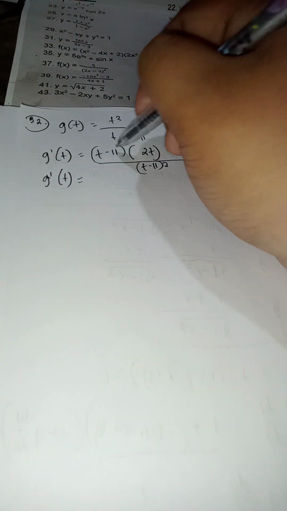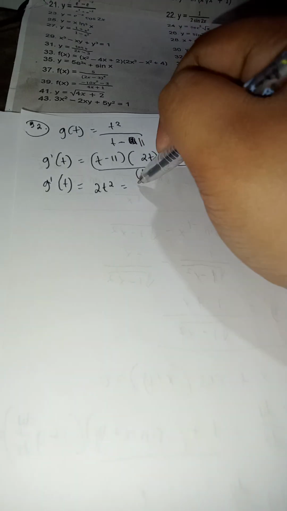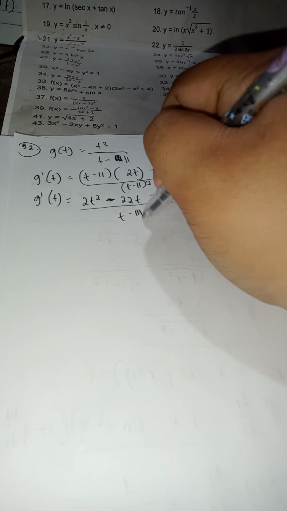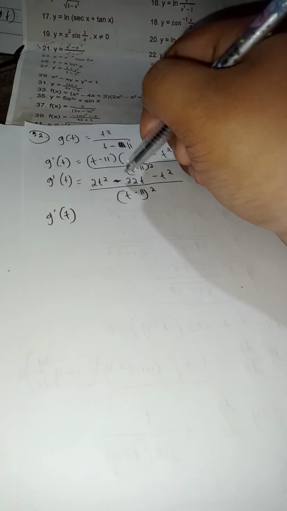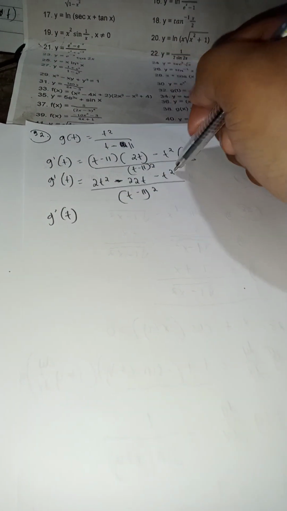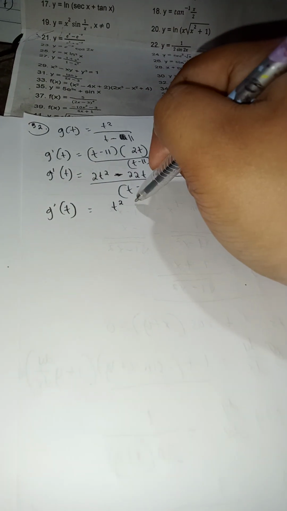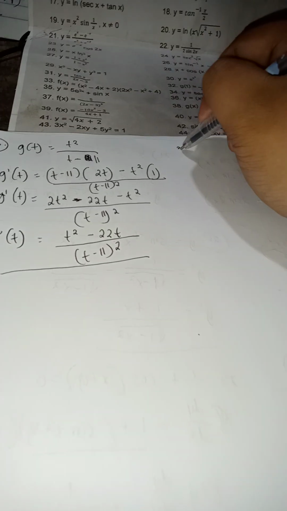So t minus 11 times 2t is equal to 2t squared minus 22t, minus t squared, over t minus 11 squared. So g prime t, combine the t squared and negative t squared, results to t squared minus 22t over t minus 11 squared. So this is our final answer.